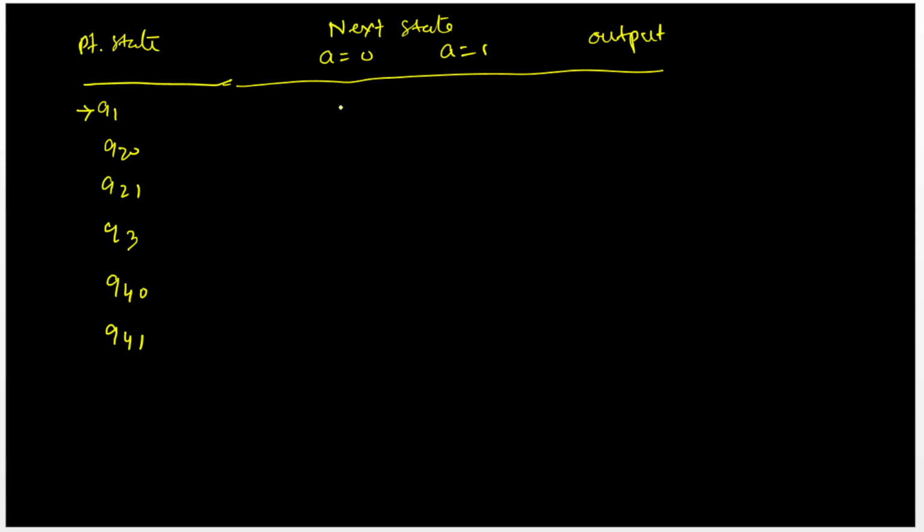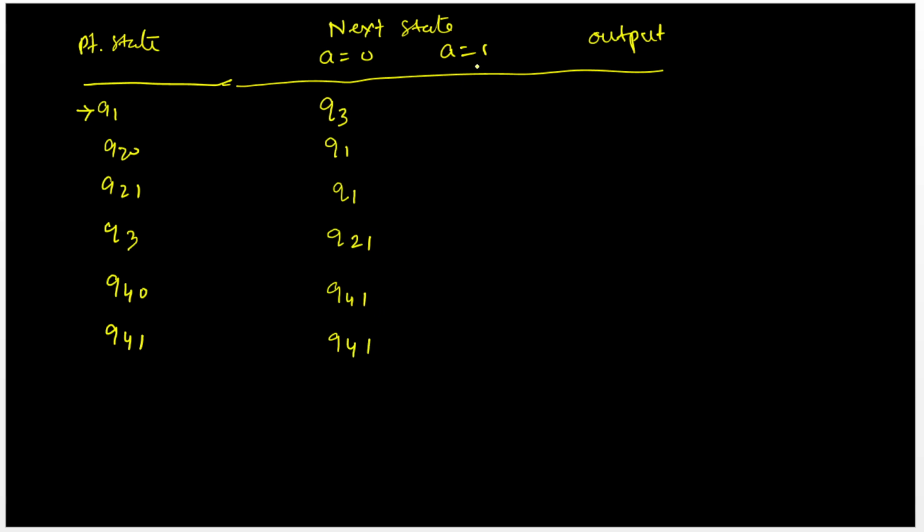So we can write Q3, then Q1, then it will be Q1, then Q1, it will be Q2 1, it will be Q4 1, and it will be Q4 1.